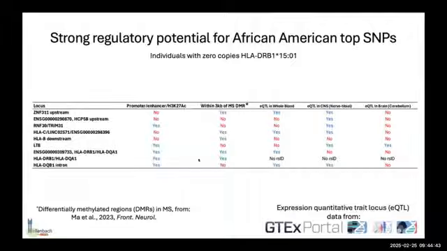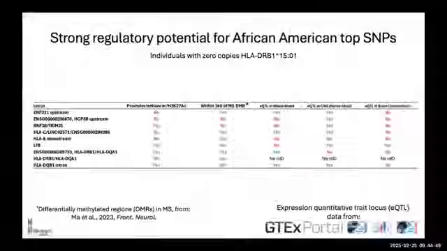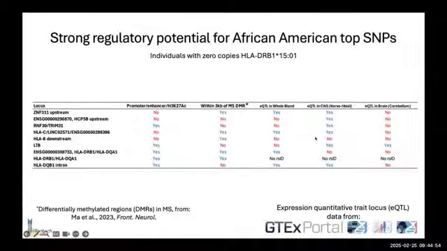We also looked at whether they fell near those sites and could potentially be involved in that differential methylation process. And these last three columns represent eQTL data from GTEx in three different cell types: in whole blood, in nerve, representing the CNS, and in the brain. As you can see, there is very strong potential for cis and potentially some long-range gene expression impacts as well.